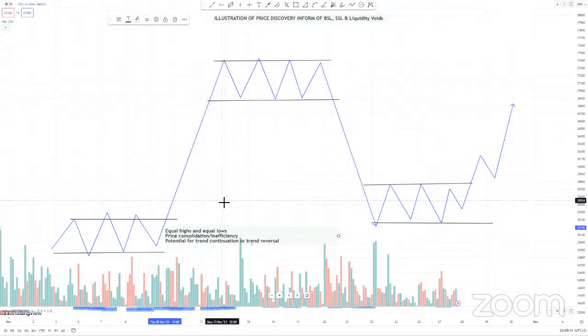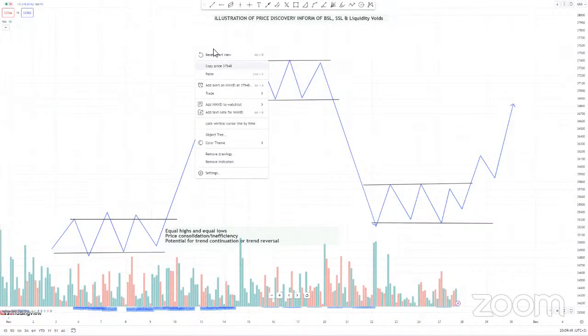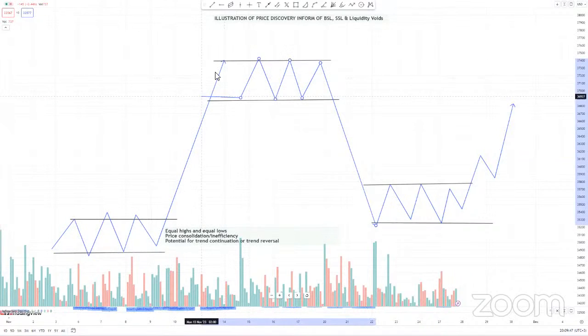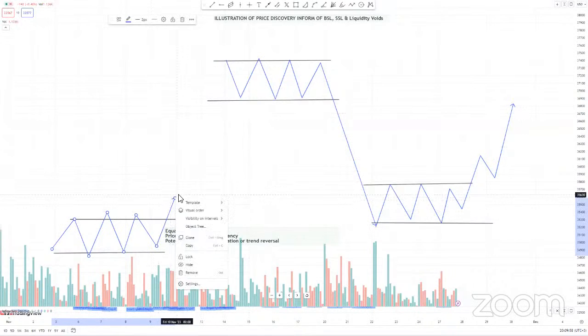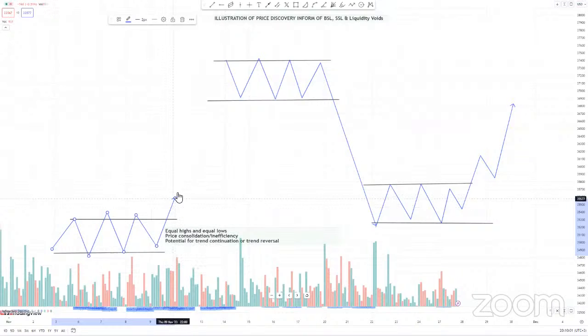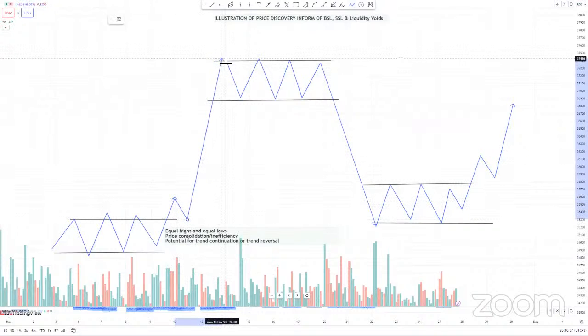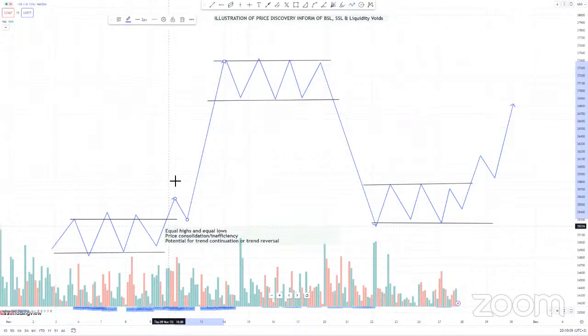Now, in some instances you'll find, and of course, in this case, what happened is that we had price moving in one quick form where it moved all the way this side. Usually, in case price does not move in one straight form, it will move like this. You'll find maybe price moving in this kind of formation, okay? So here we'll have a move higher, retest, and then a move up.